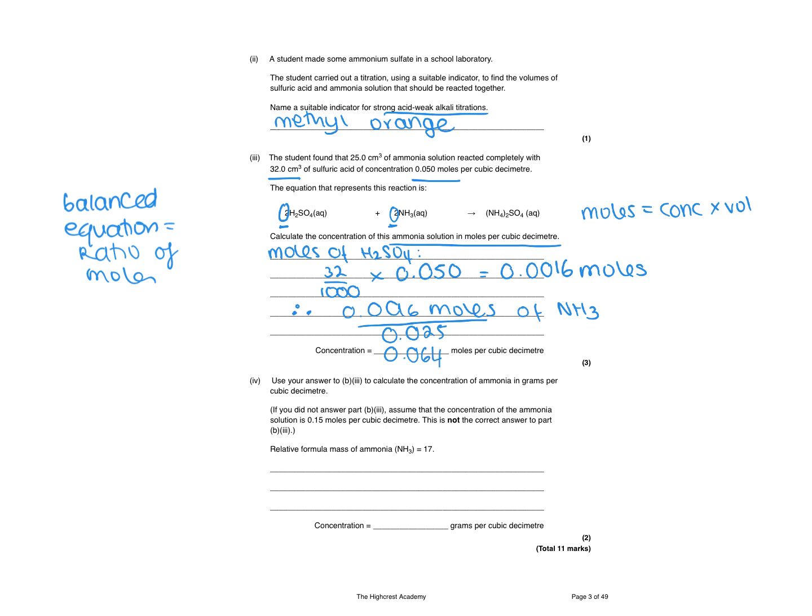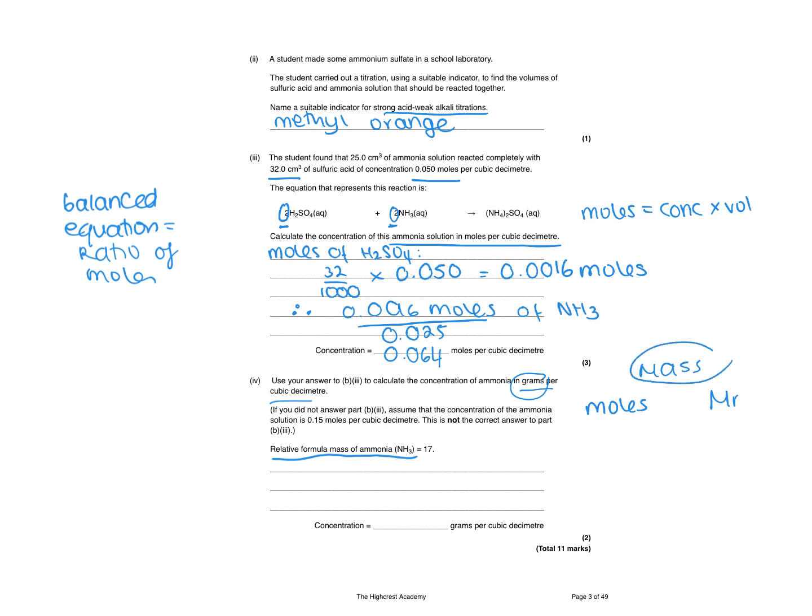Okay, now the next one is: use your answer to calculate the concentration of ammonia in grams per cubic decimetre. If you did not answer part B, you don't need to look at that. So you have the relative formula mass, and you want to find the grams. If you know the number of moles, moles is equal to mass over Mr. We need to find the mass.